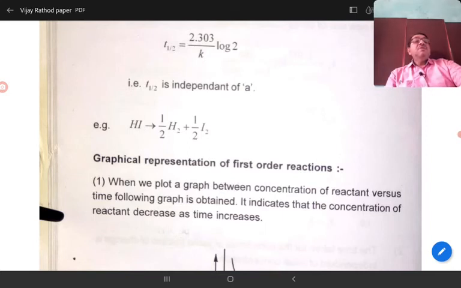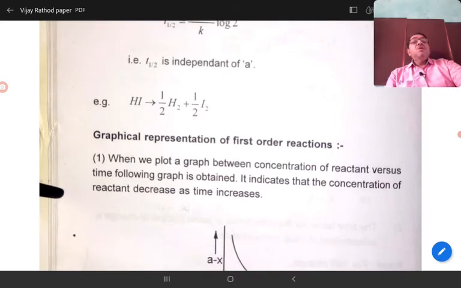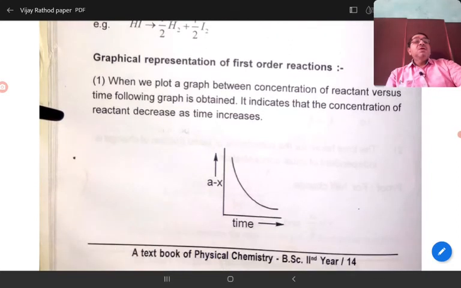Now the first order reaction, when we do it experimentally, we have to consider the graphical representation part. Now in case of first order reaction, graphical representation of first order reactions, here one plot is shown, that is on the y-axis there is the factor a minus x, that is the concentration part, and time on the x-axis.